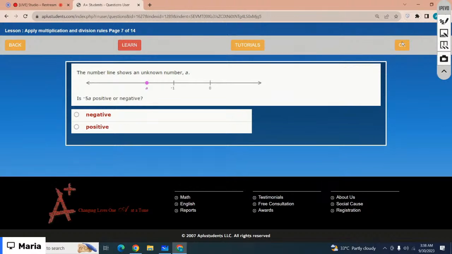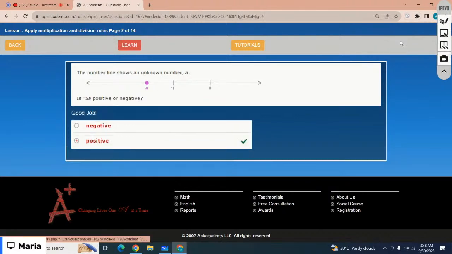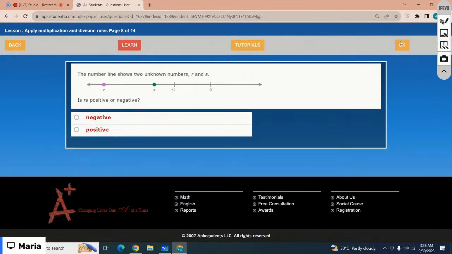The correct option is positive. A is already a negative number. You are multiplying two negative numbers, so the answer must be positive, right? Okay, you can complete the lesson by yourself later today.